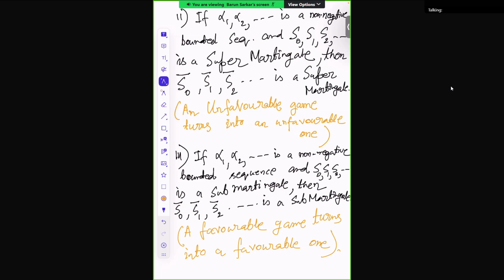So in a sense, this provision says that you cannot really beat the system. A fair game always turns into a fair one. A favorable game turns into a favorable one with any strategy, whatever strategy you take. That means it is gambling strategy independent. And if it's an unfavorable game, it turns into an unfavorable one. And this bounded sequence means, sometimes non-negative or bounded, that in the gambling strategy you start with some money, right?